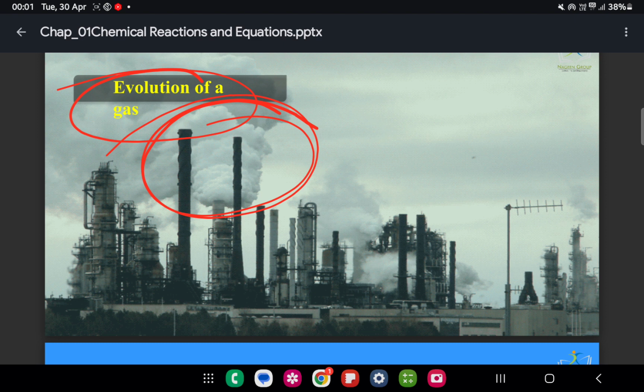In factories you see the cloudiness, the formation of cloud, like that, formation of gas is known as evolution of gas. It will be evaporated through burning of some products, solid or liquid. If you burn at high temperature, we will get gaseous form.